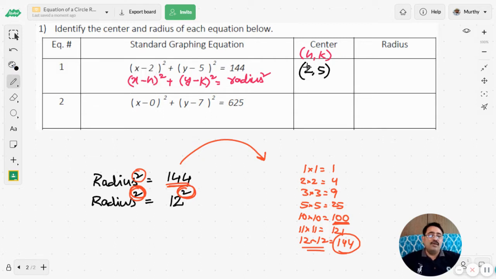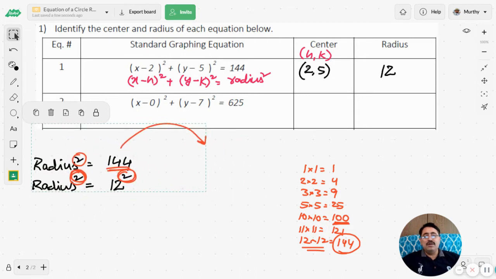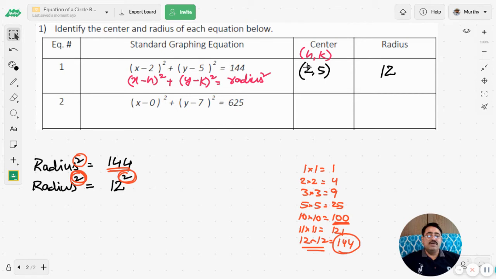This is one method of solving. The other method is, let's say that you are not comfortable with this method. Then in such a case, what I suggest is: radius square is 144.